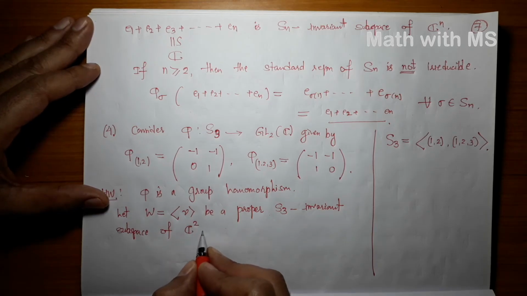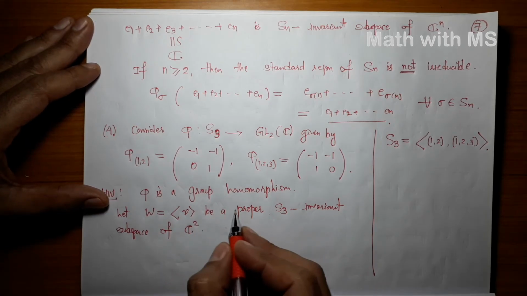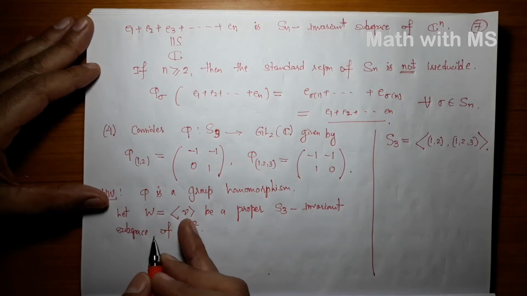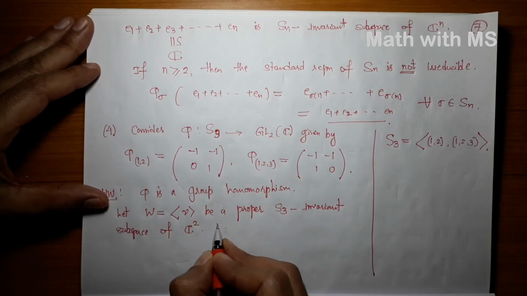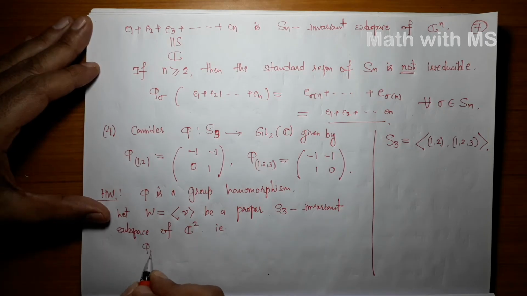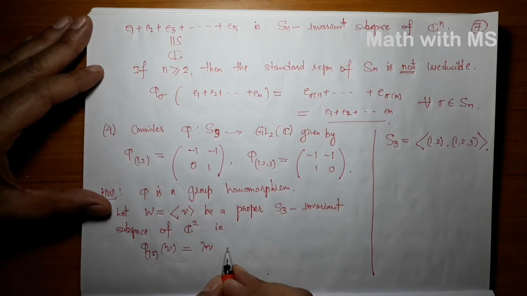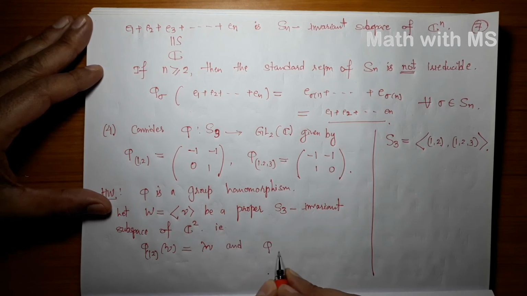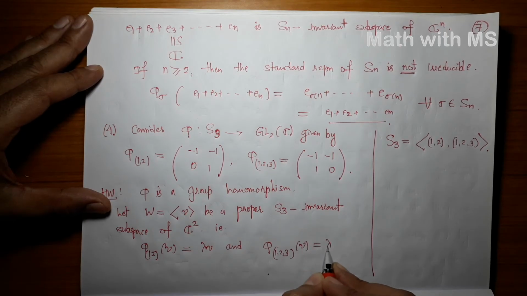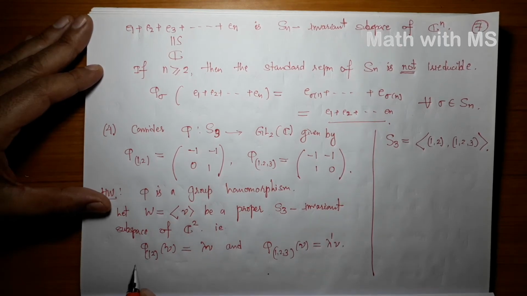Since it is an S3 invariant subspace, what does it imply? That implies that phi of (1 2), when it acts on the vector v, should be some scalar multiple of v, some lambda v, and similarly phi of (1 2 3) of v should also be some lambda prime of v, okay? In fact for every element of the symmetric group, phi of that element acting on v should be a scalar multiple of v.